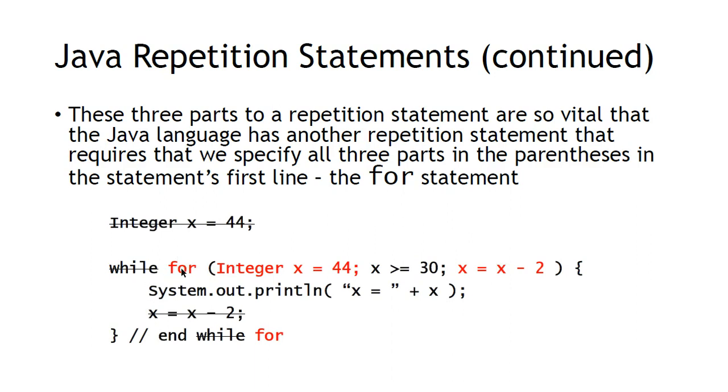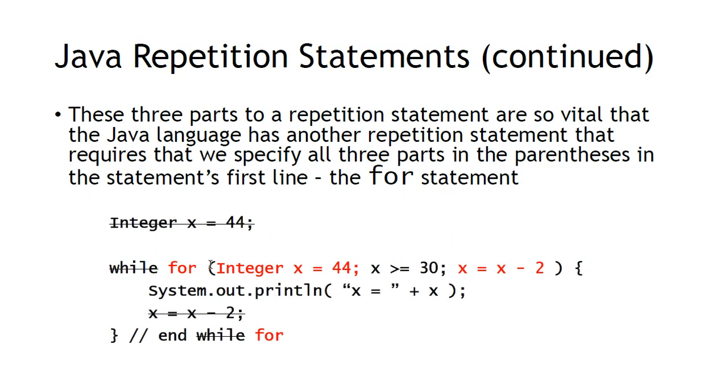The for statement is similar to the while loop, but with some specific differences. Really, the main difference is that the initializing of the control variable and the updating of the control variable are not done where they were with the while loop. They're all done inside the parentheses here at the heading of the statement.